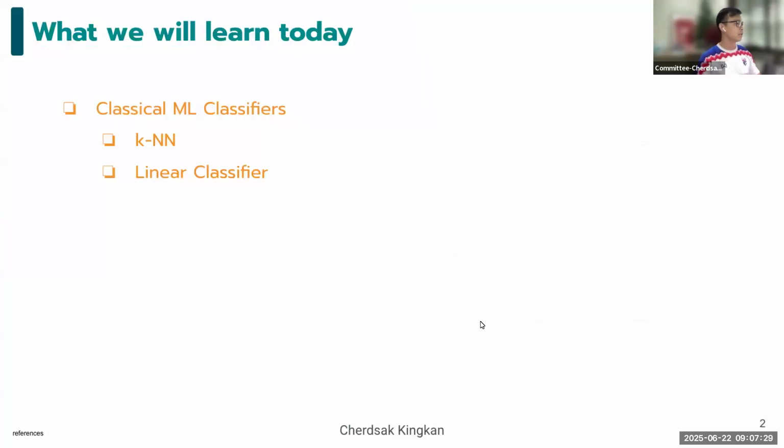So today we will start the learning-based method with classical machine learning classifiers, which are KNN and the linear classifier. We will start building from these classical methods, and then go into more advanced classifiers or methods to perform the computer vision task later on in the class.